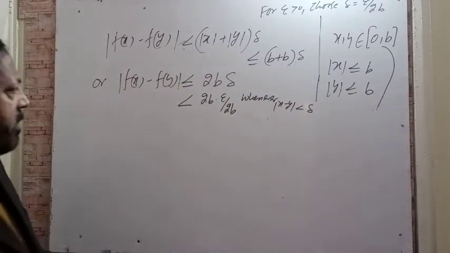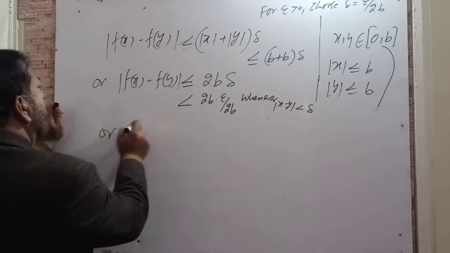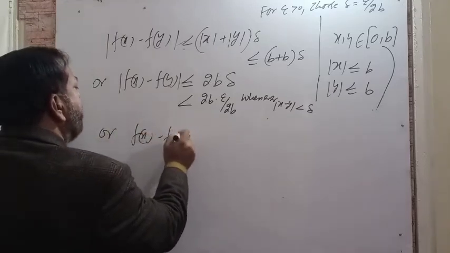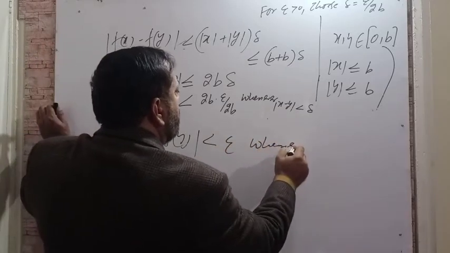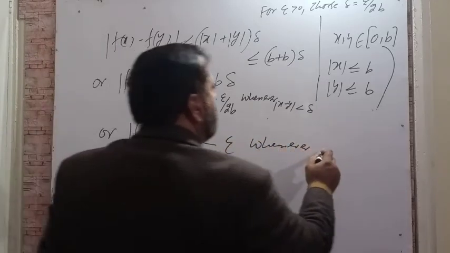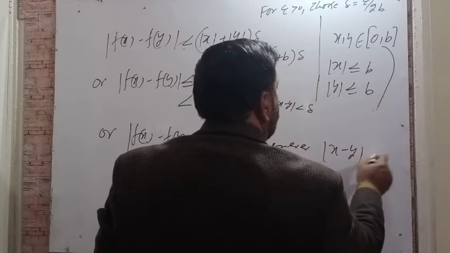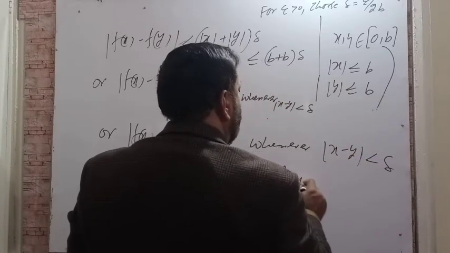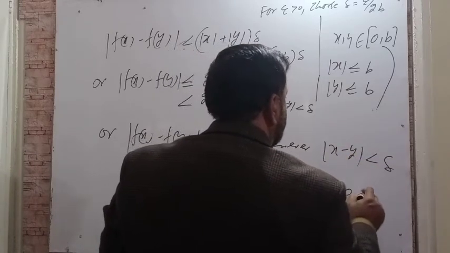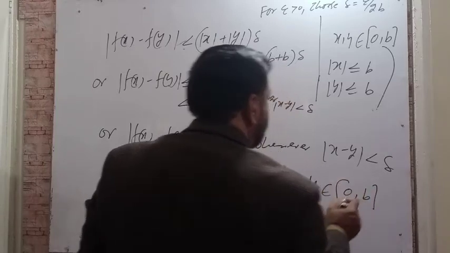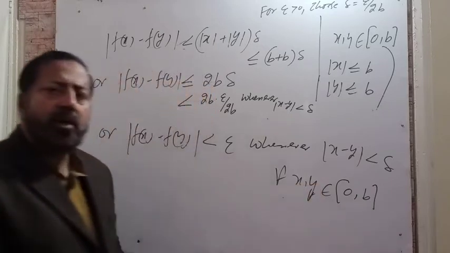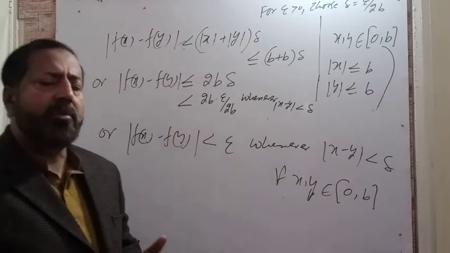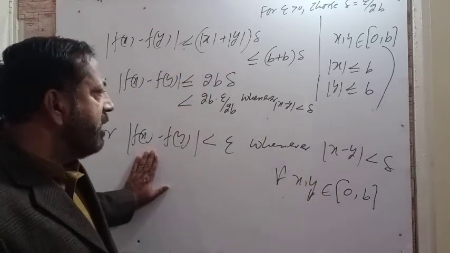What does it mean? It means |f(x) − f(y)| is less than epsilon whenever |x − y| is less than delta, for all x, y belonging to [0, b]. Look at the definition. Now our definition of uniform continuity is clearly satisfied.